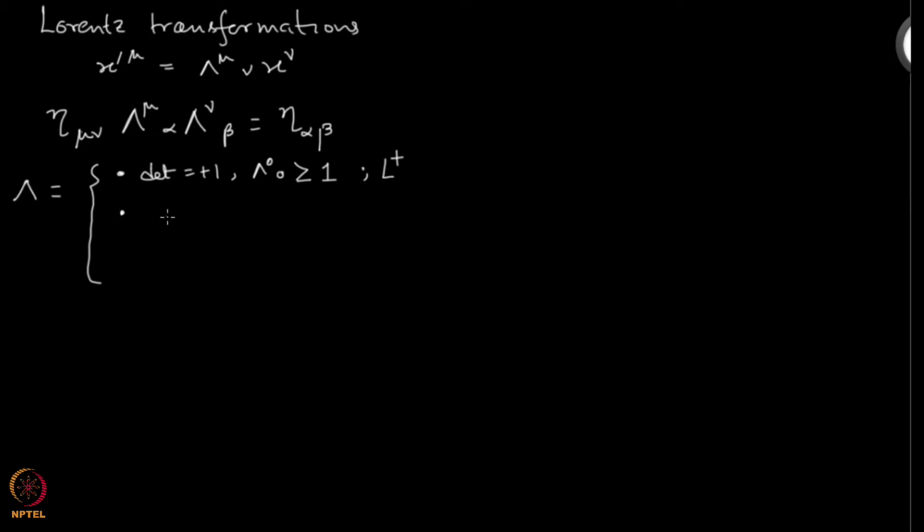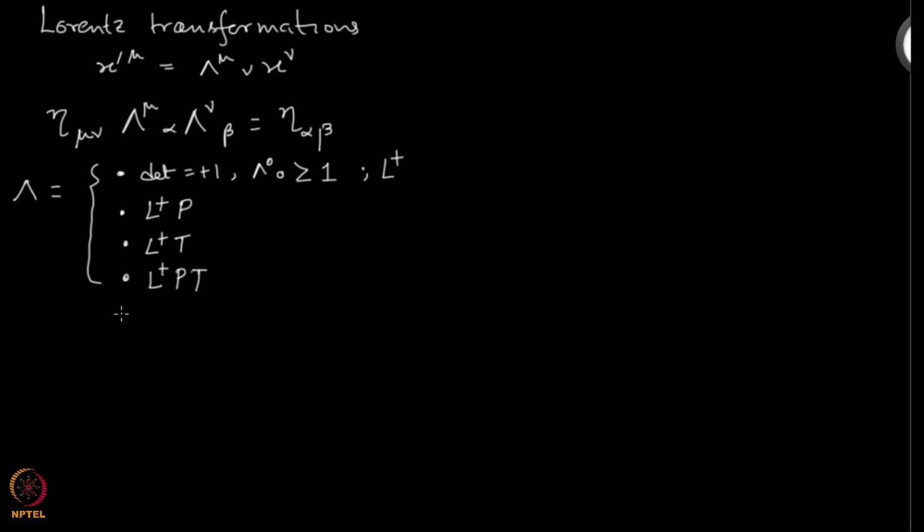And then I think I asked you to do as an exercise that any Lorentz transformation lambda can be written as a product of a proper orthochronous Lorentz transformation times a parity operator, or a time reversal operator, or a combination of both.